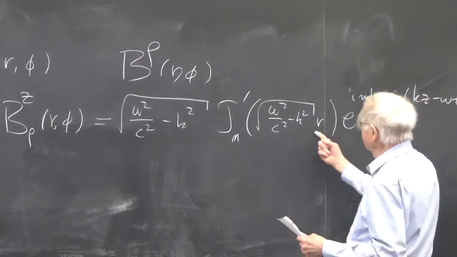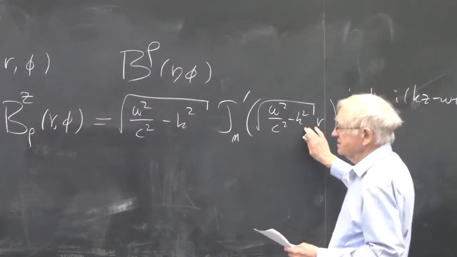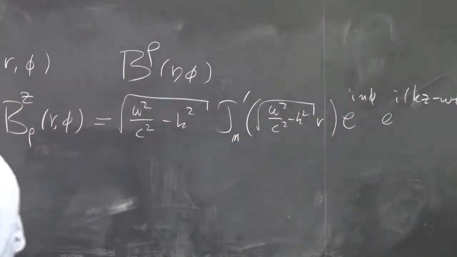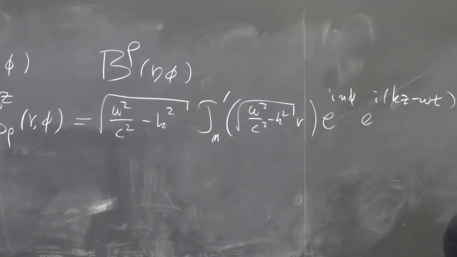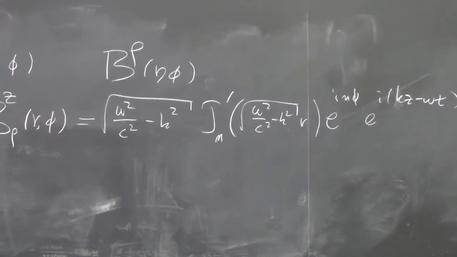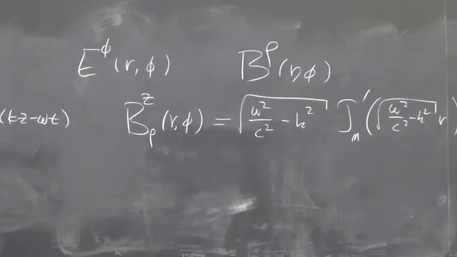And this is going to vanish if this is a zero of the derivative of the Bessel function.